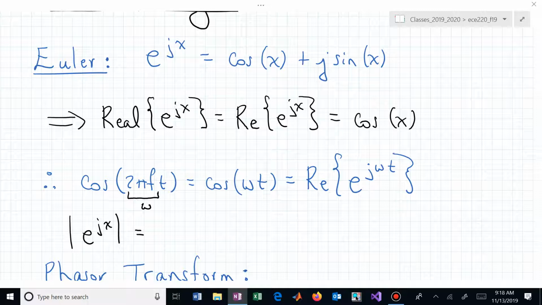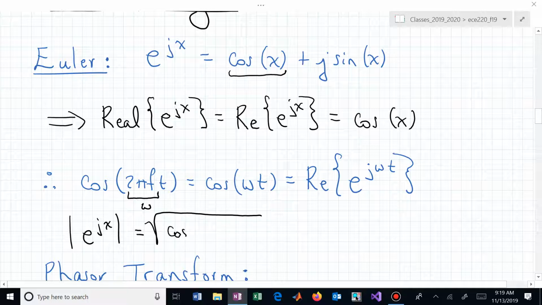So now I'm asking, if we were at a point in space, e to the jx, how far away are we from the origin? Well, we would go horizontally, cosine of x, and we're looking at the hypotenuse. So let's take the cosine squared of x, the real part squared.